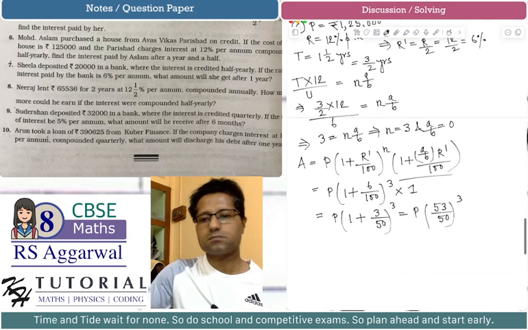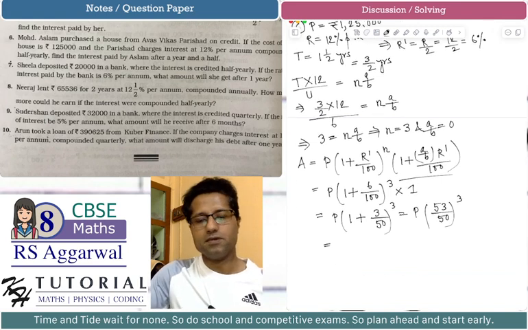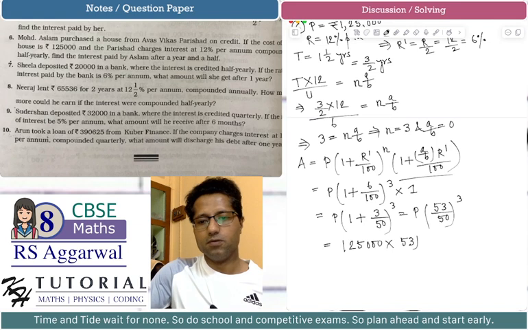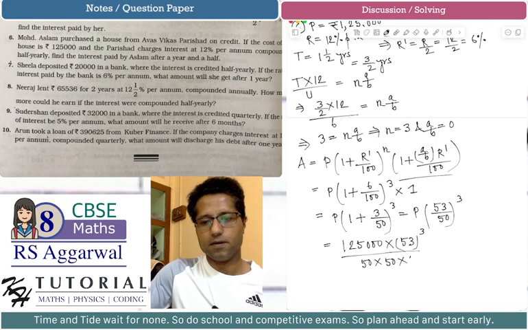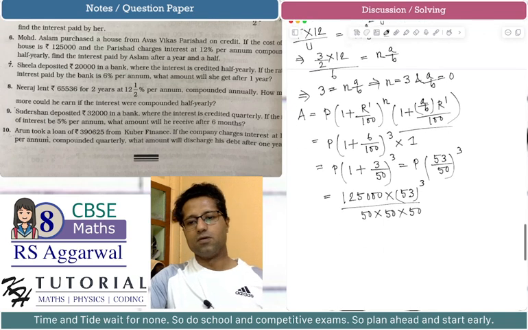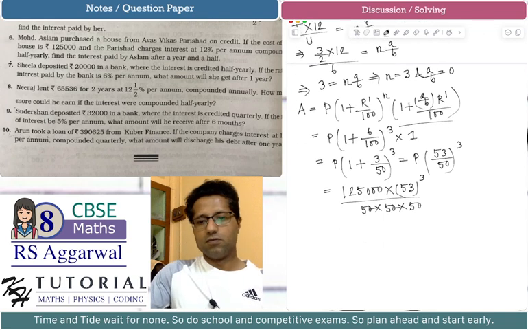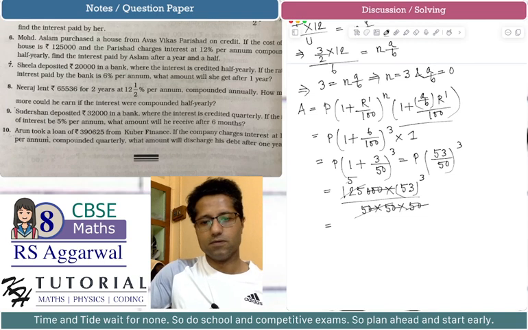P is given to be 1,25,000 multiplied by 53 cube divided by 50 multiplied by 50 multiplied by 50. Okay, so 50 cancels out. 5, 25 divides 125 with 5, and 5 cancels out. So this is equal to rupees 53 cube.